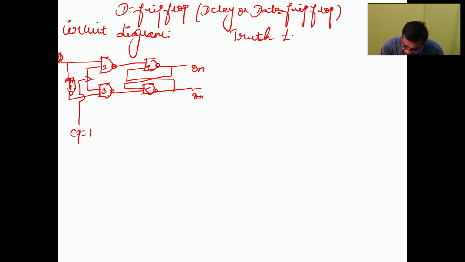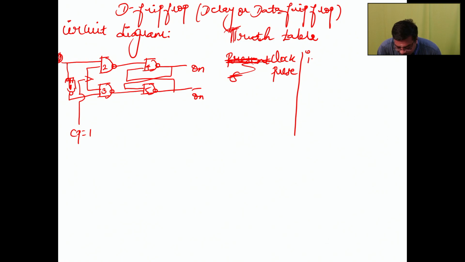Truth table: present state, clock pulse, input, output, and state.